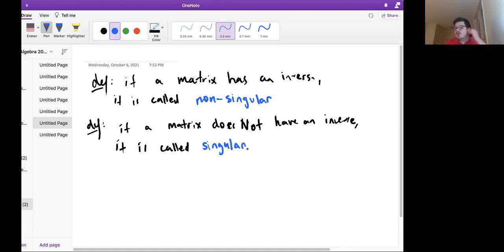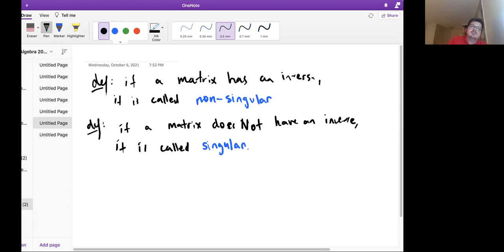The meaning of that word will make more sense later in the course, towards the end. It's kind of counterintuitive, right? If it does not have an inverse, it's singular, but if it has an inverse, it's non-singular. But for reasons later, we'll talk about why those words mean what they mean.